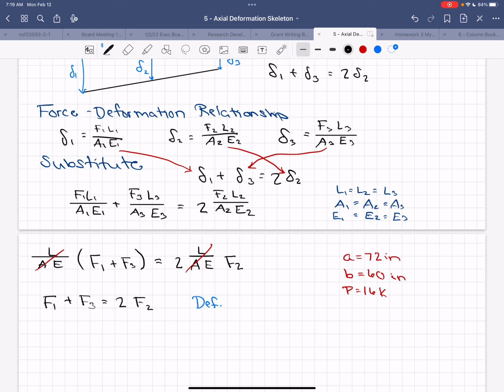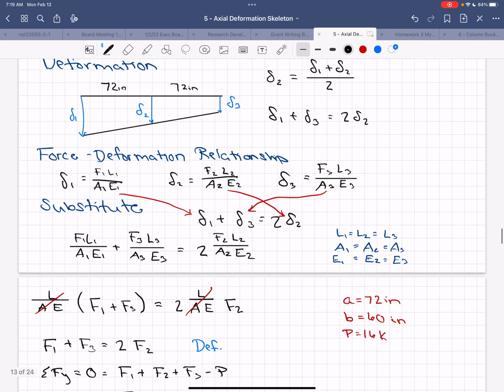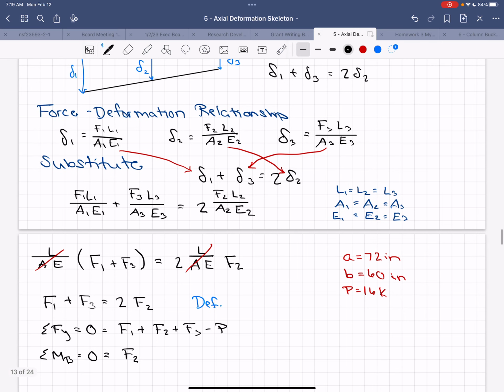Then we have our equilibrium equations. So we have the sum of the forces in y equals 0, and that equals F1 plus F2 plus F3 minus P. And then we have our sum of the moments about B equation equals 0 equals F2, and actually, P was 16, plug that in.